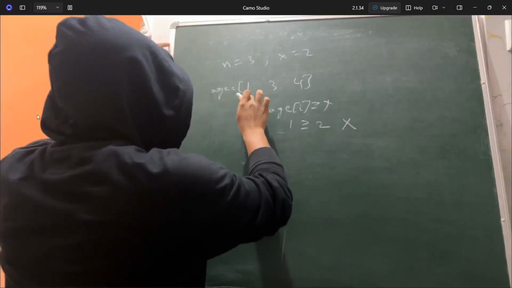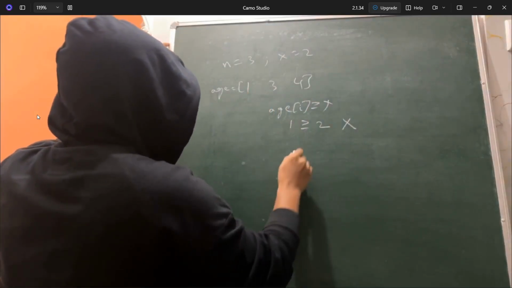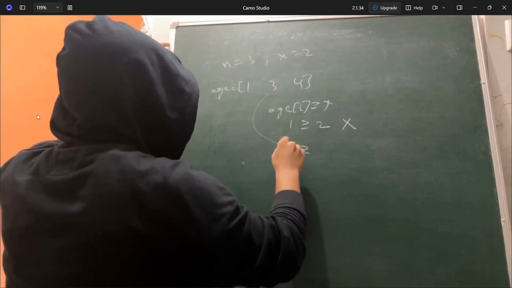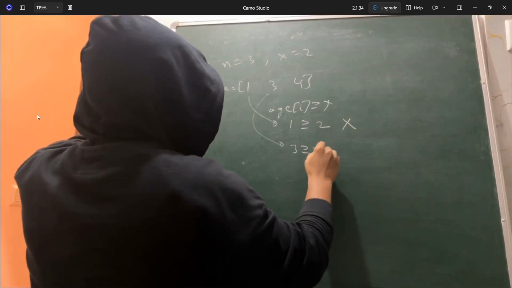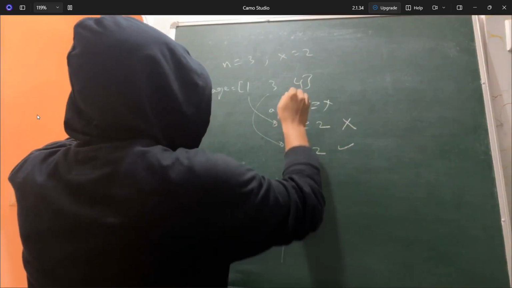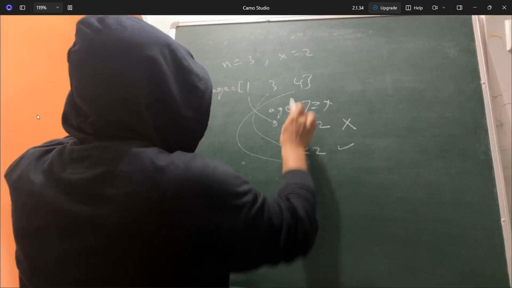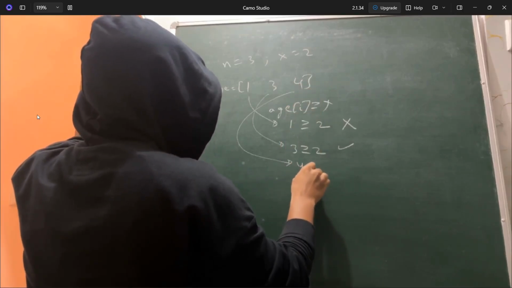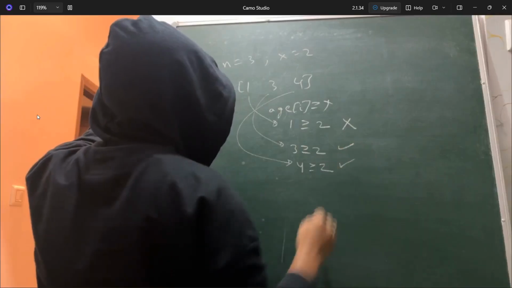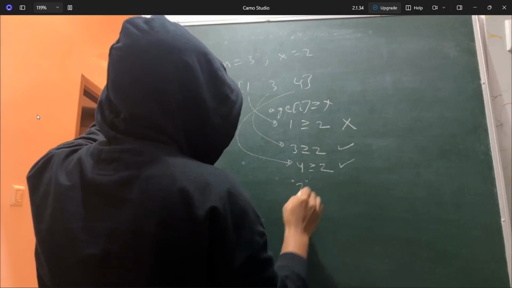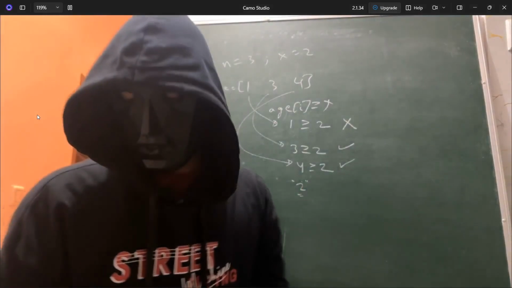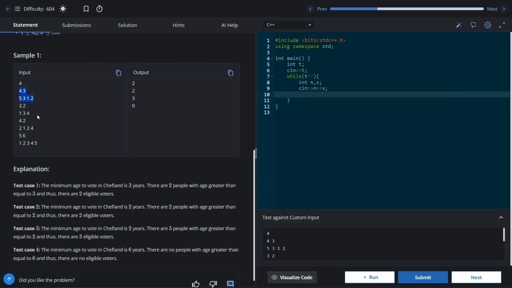So the first person will not be able to vote. The second person, 3, greater than or equal to 2 is true, so he is able to vote. The last person, whose age is 4, is greater than or equal to 2, so this is possible. So the total number of people who can vote is 2. For the first case it was 2, and for the second case also it is 2.